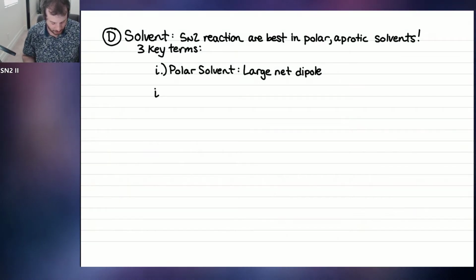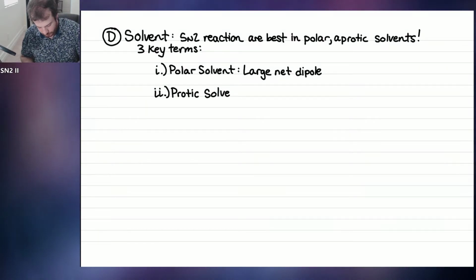Now there's another term I want to define, which is protic solvent. A protic solvent is a solvent that has at least one hydrogen attached to an electronegative atom. In other words, it's a solvent that can do hydrogen bonding.